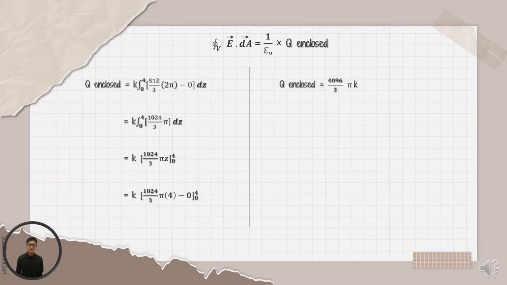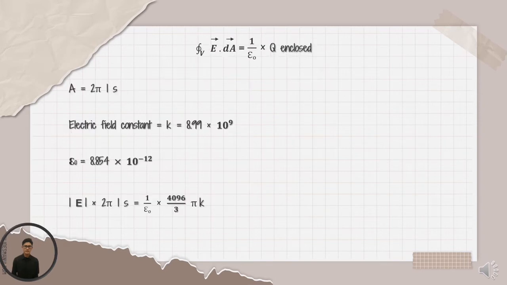After that, we integrate with respect to z and substitute the limits, and we get the Q enclosed, whose value is 4096 divided by 3 pi k.